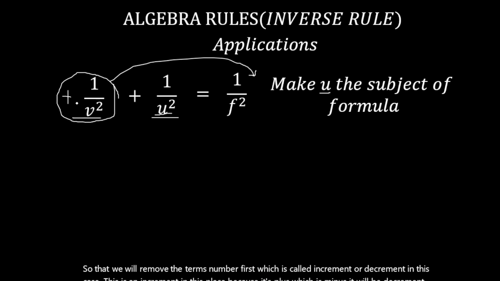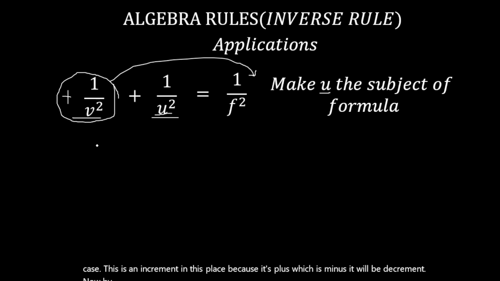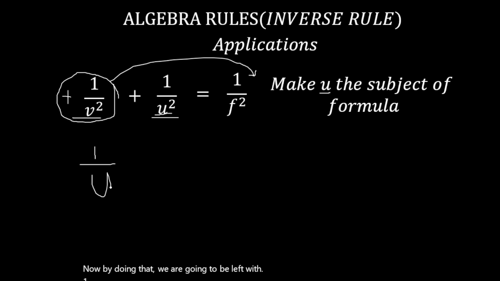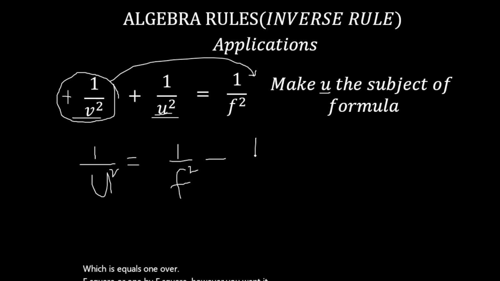Now, by doing that, we are going to be left with 1 over u squared, which equals 1 over f squared, or 1 by f squared, however you want it, minus 1 over v squared.